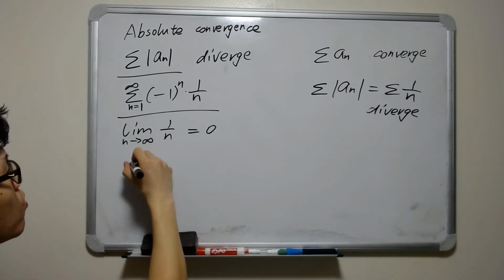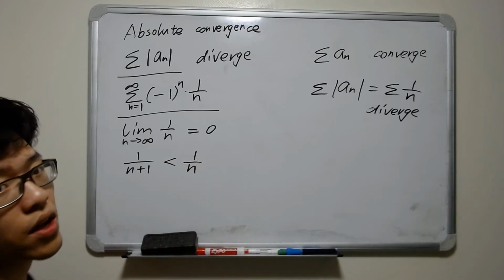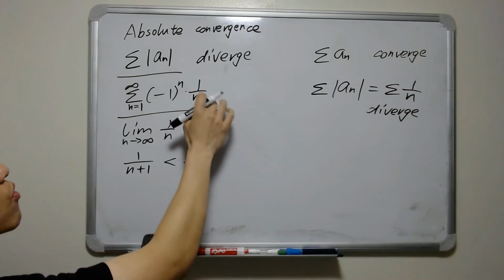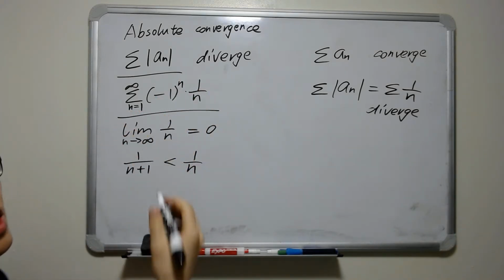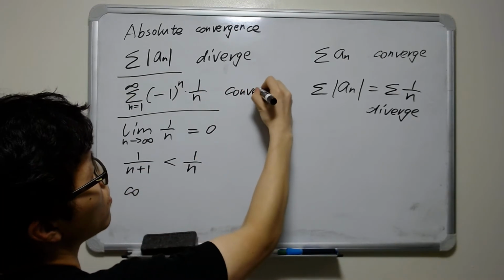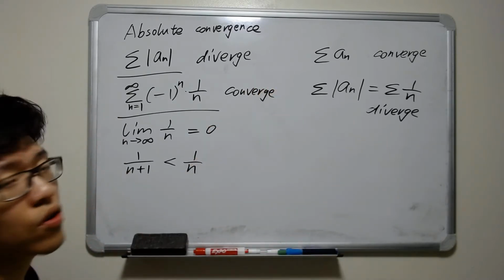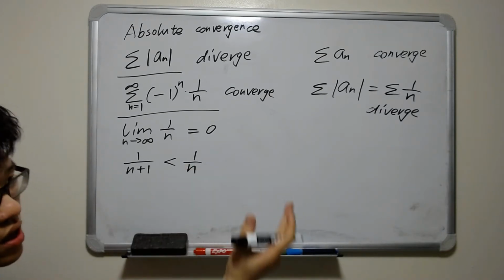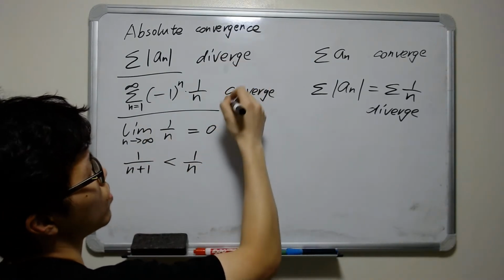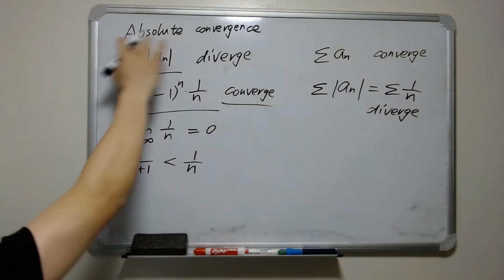And also we know 1 over n plus 1 is always less than 1 over n, which means the sequence 1 over n is decreasing. So by the alternating series test, this series converges, but its absolute value diverges. So from this example, we can see absolute convergence is stronger than just convergence. Okay, so this is what you should know about absolute convergence.